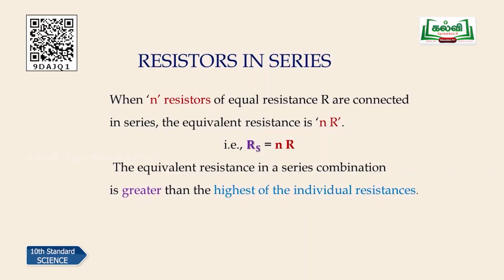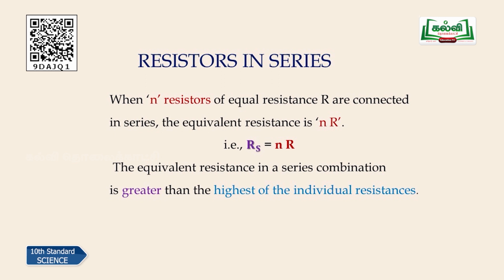You have to multiply the number of resistors and the equal resistance. So, equivalent resistance Rs is equal to N into R. When N resistors of equal resistance R are connected in series, the equivalent resistance is NR. That is Rs is equal to N into capital R.